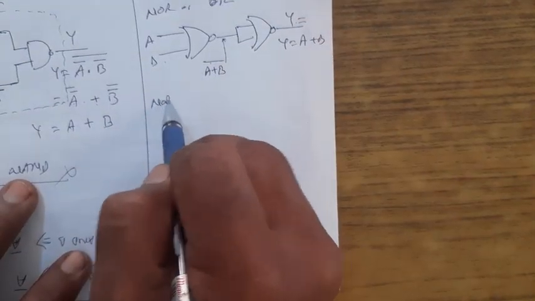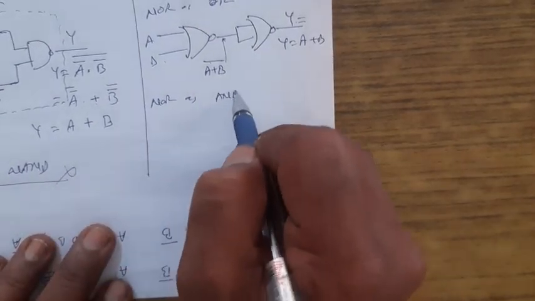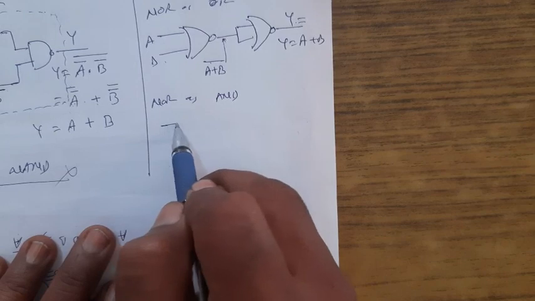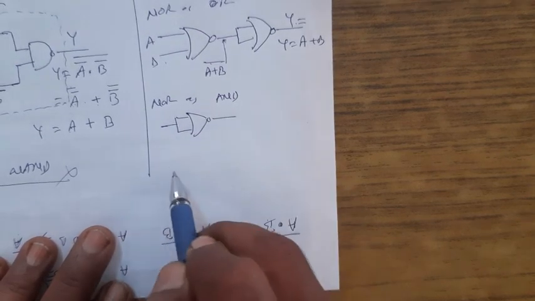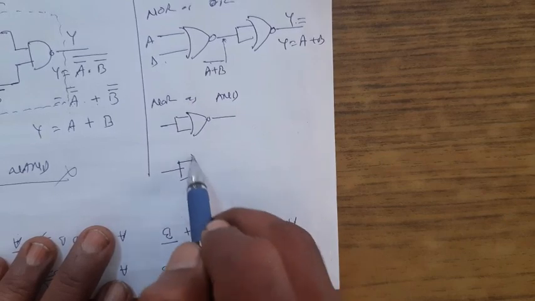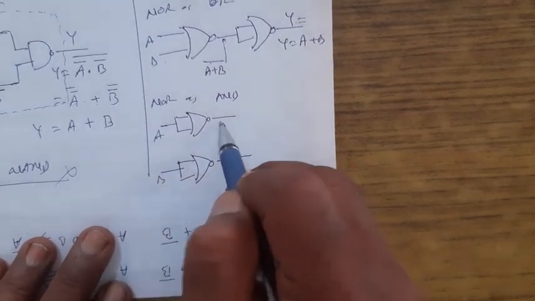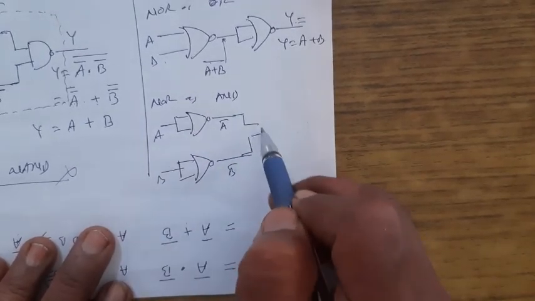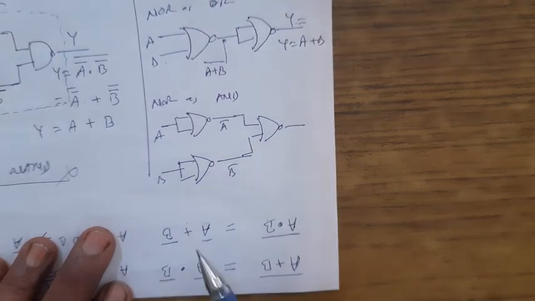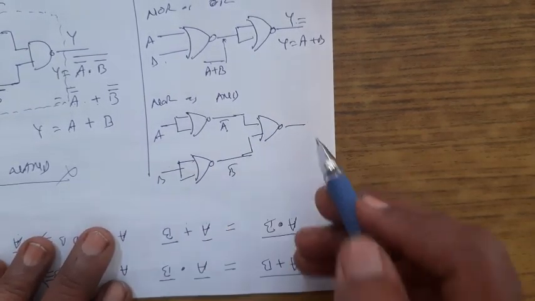Similarly, how can I think about NOR as AND gate? Here I will have to write NOR as AND gate. For that I will have to use De Morgan's theorem. I will make A complement and B complement, and then I will make NOR of them, so their complement of complements will be here.